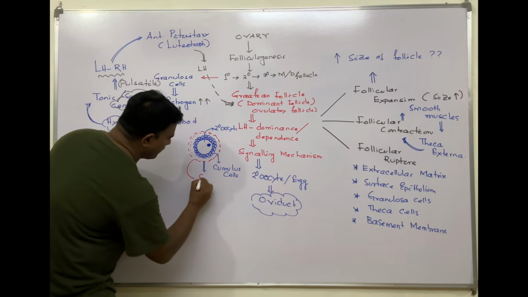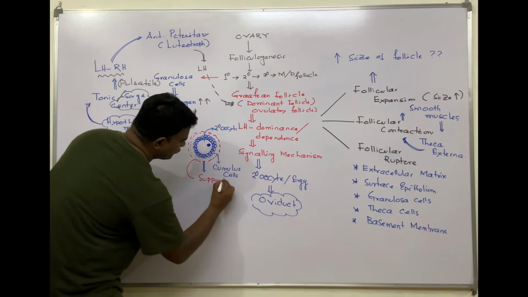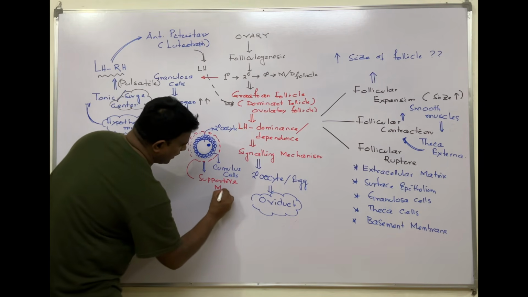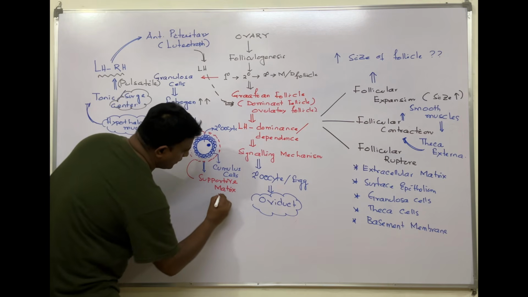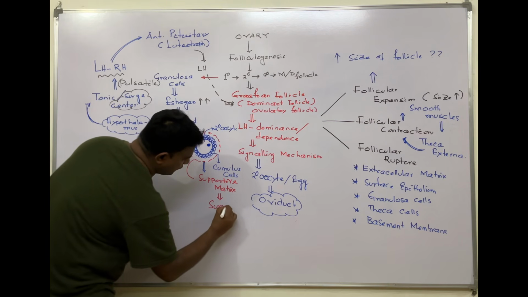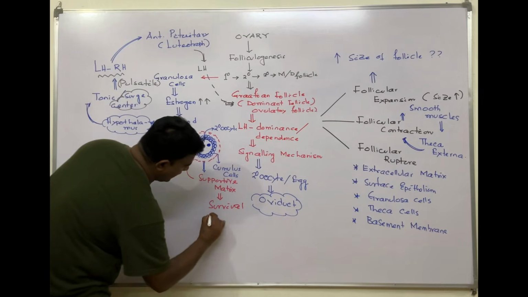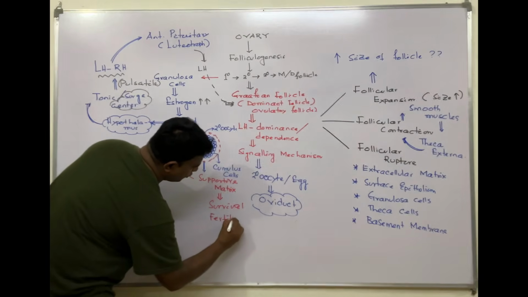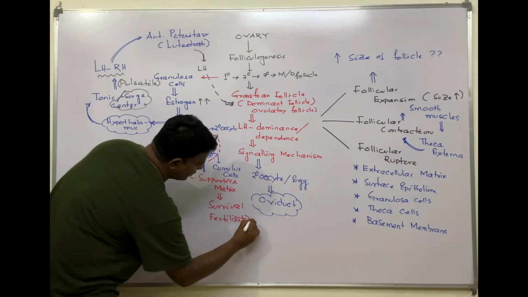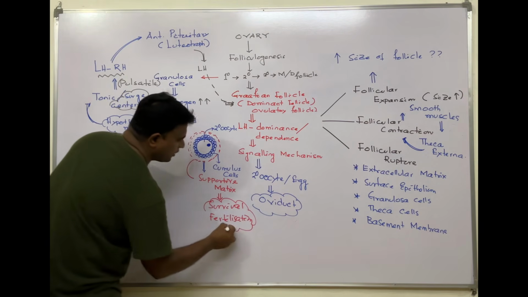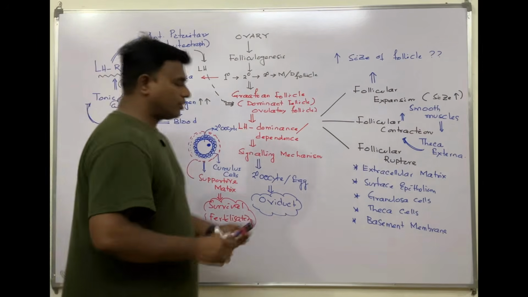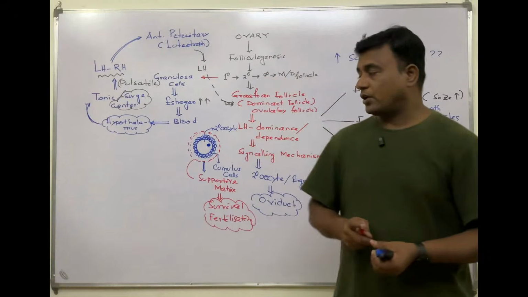So here it is surrounded by a supportive matrix, and that supportive matrix favors the process of survival, as well as the process of fertilization. So just keep in mind these points. We are going to use this in our coming lecture.